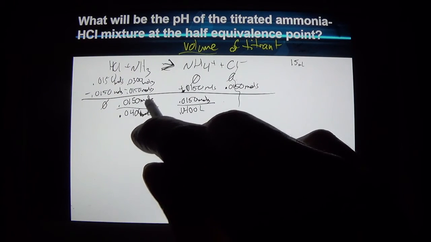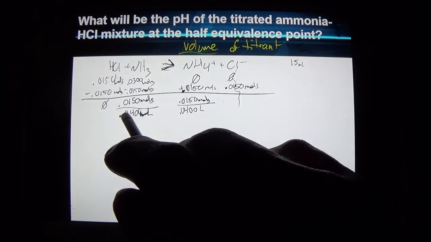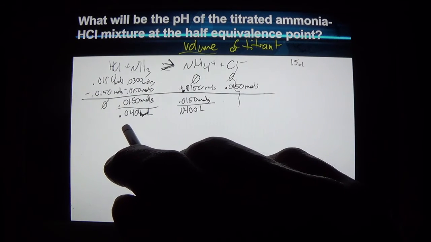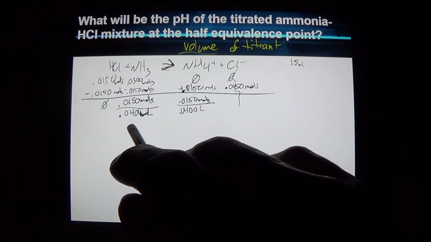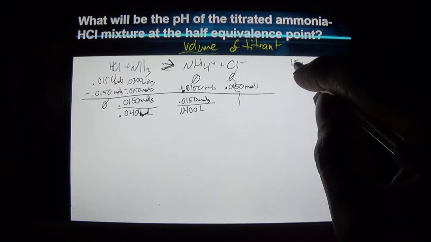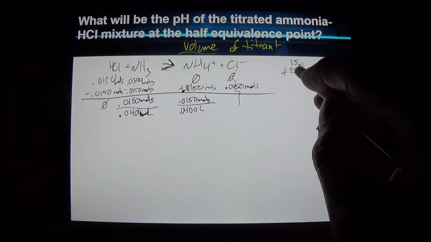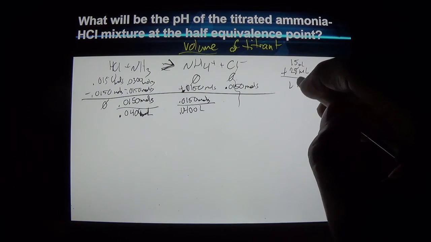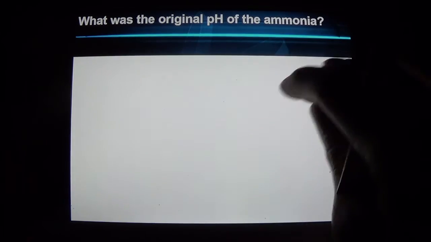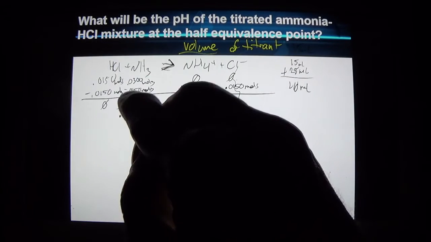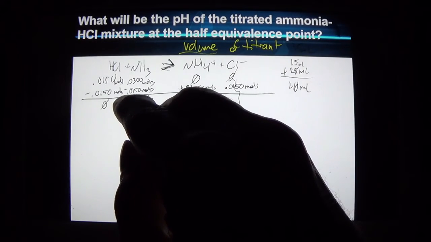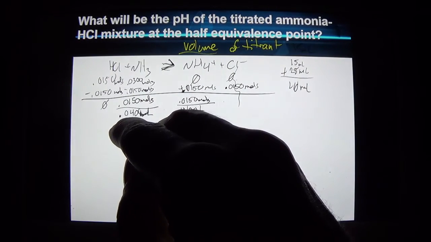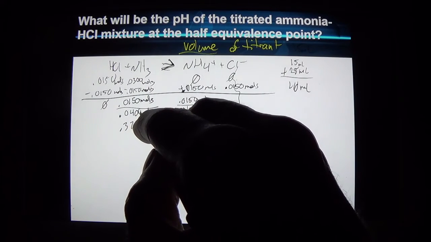So I'm accounting for the dilution by dividing by the new total, and don't use the old total, because I've only added half the HCl, 15 milliliters from the acid. I had 25 milliliters already in the flask of base. That's 40 milliliters total. So I find the molarity here, and what I end up with is 0.375 molar.